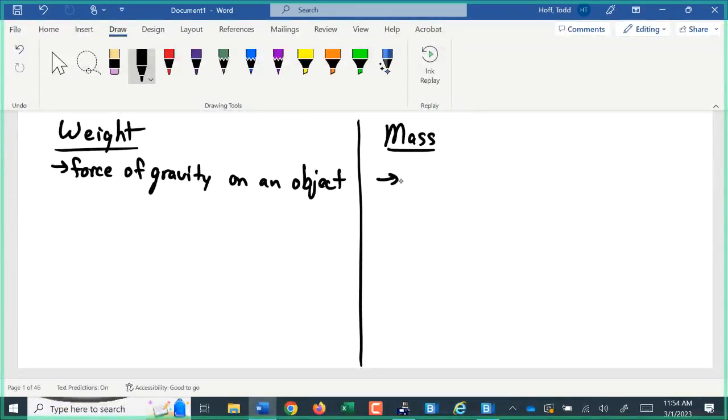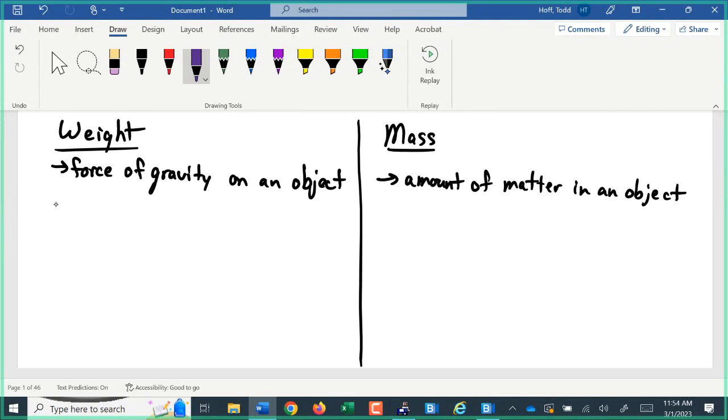Mass is the amount of matter in the object. So matter is like the amount of particles, the amount of atoms that are in the object. And again, the big difference is how they're measured.